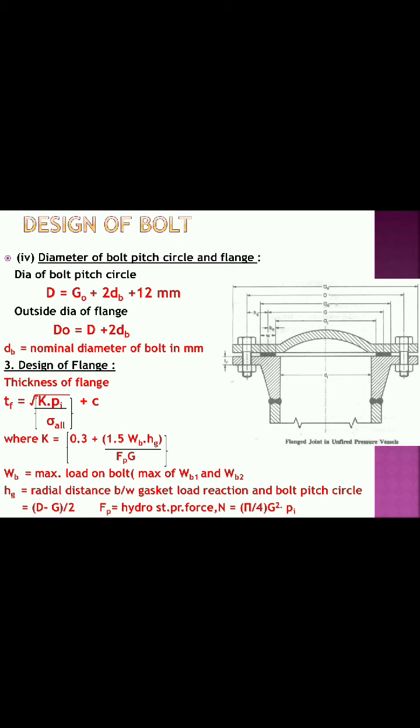And you can also refer to the further equation for thickness of flange, that is TF is equal to under root of (K Pi upon sigma allowable) plus C, where WB is the maximum load on bolt and HG is the radial distance between the gasket load reaction and the bolt PCD. So just observe the formulae very carefully. These formulas are required and you have to remember them while solving the numericals.